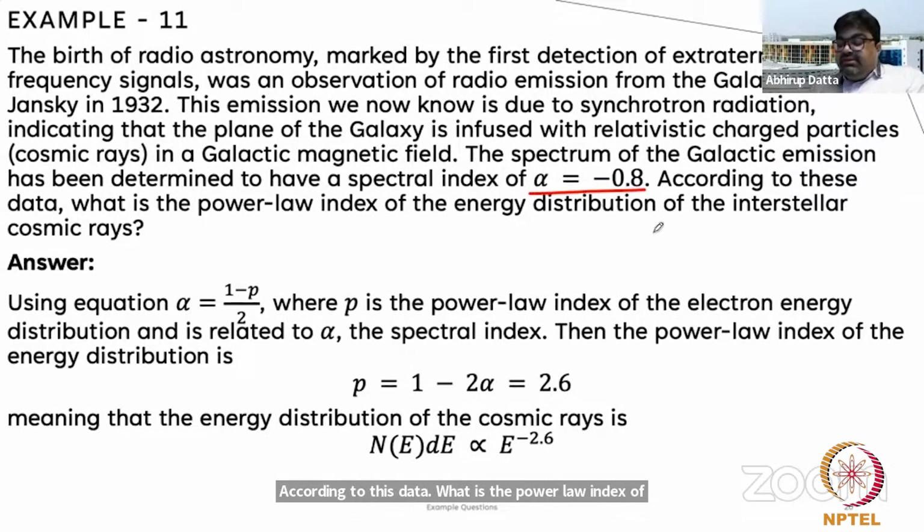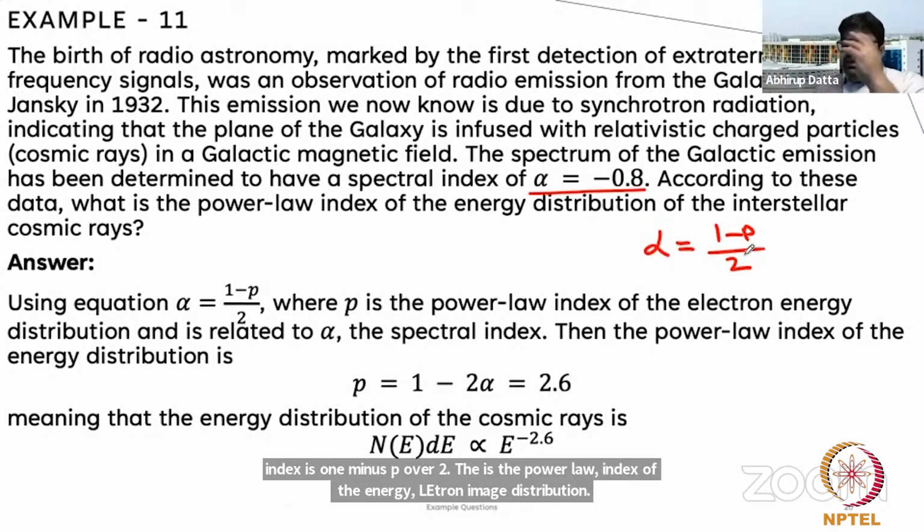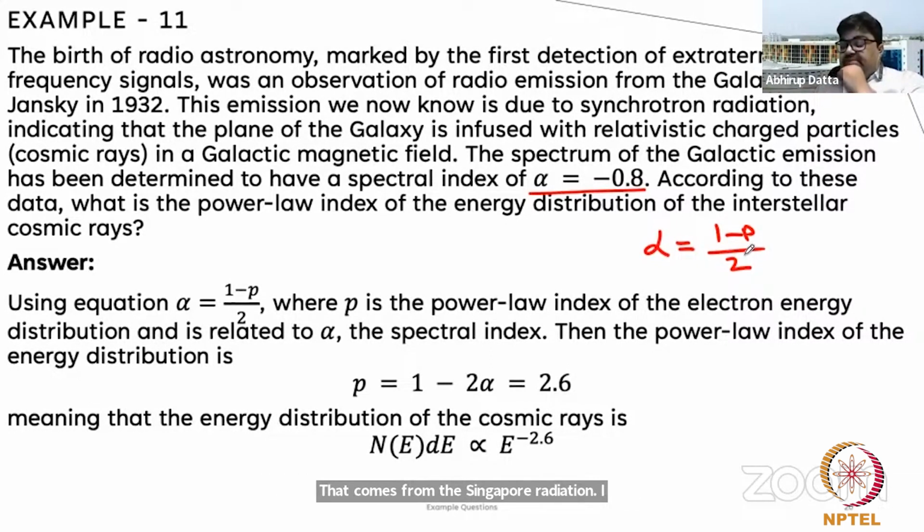So, alpha, which is the spectral index, is 1 minus p over 2, where p is the power law index of the electron energy distribution. So that comes from the synchrotron radiation. I think for this particular purpose, it's better to know this upfront, because the theory will be covered in the lectures.